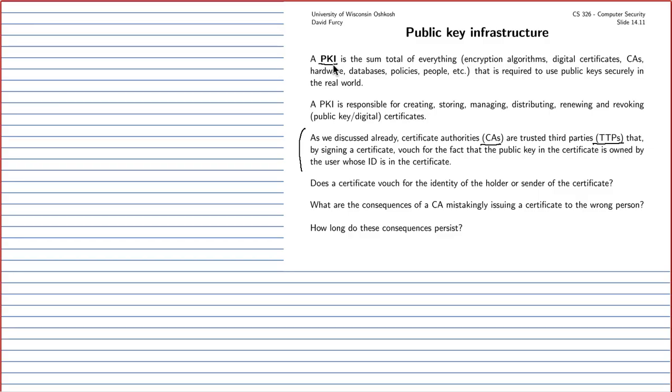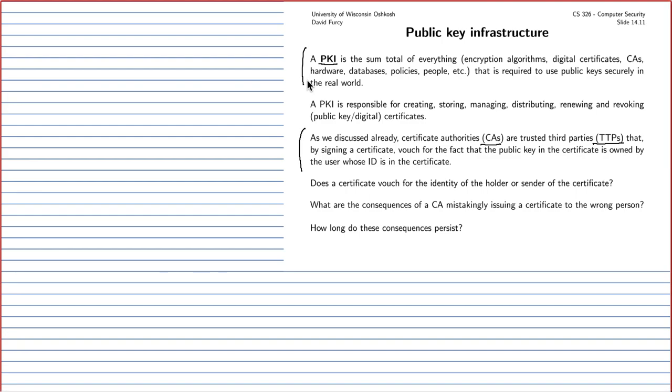So this is not just the certificate authorities, those companies that issue the certificate, but the PKI includes everything from the encryption and hashing algorithms that are used, the digital certificates themselves, also the hardware and software that these CAs and other companies are using, the databases in which they store the information, the policies they put in place, and also, and most importantly, the people that they hired to work within that PKI. So this is indeed a lot of trust to be putting into such a big system.